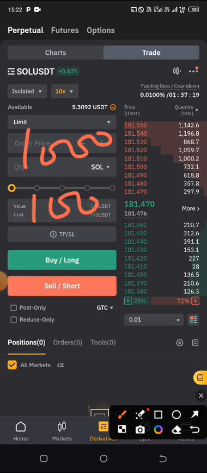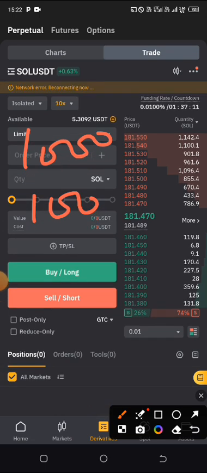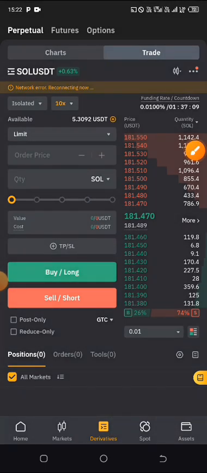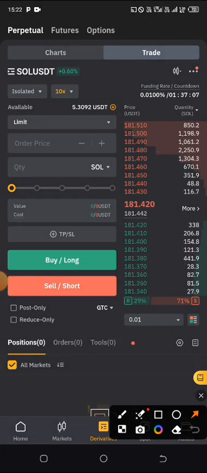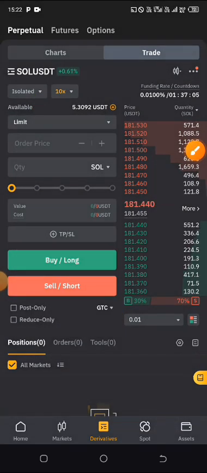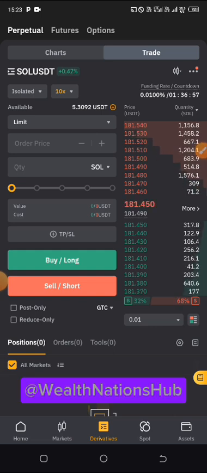When you are on isolated margin and this 100 is exhausted, the remaining 900 will not be touched. If you are on cross margin, when the 100 is exhausted, the remaining balance of 900 will still be part of the balance left for the trade to continue.